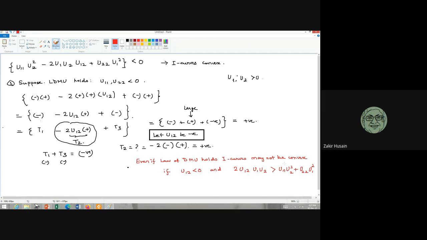Okay. So even if the law of diminishing marginal utility holds, indifferent curves may not be convex.